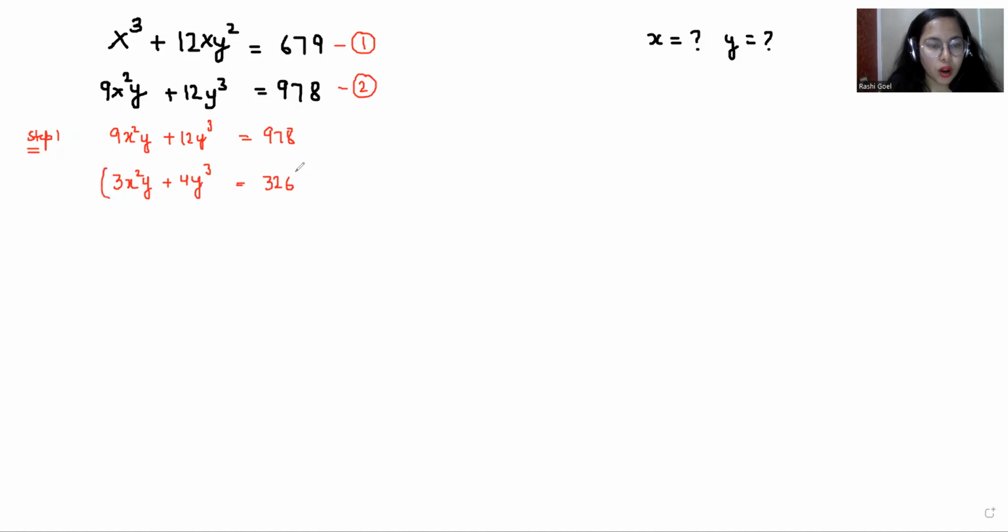If I multiply throughout the equation by 2, then I get 6x square y plus 8y cube is equal to 652. And I'll take it as equation number 3.